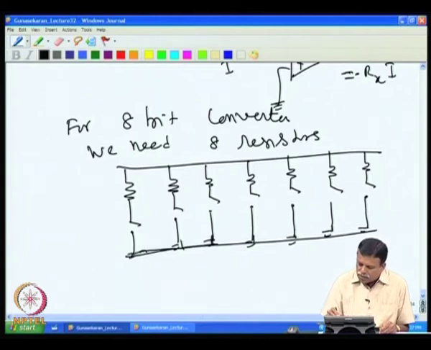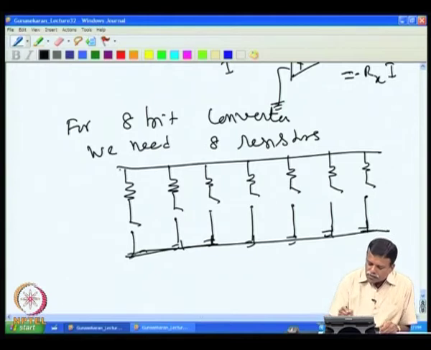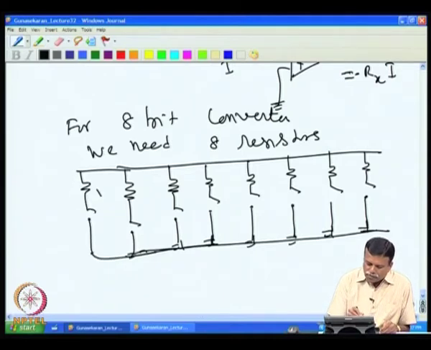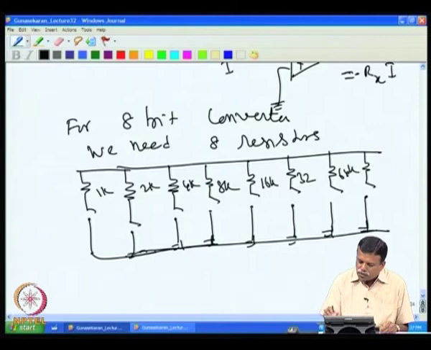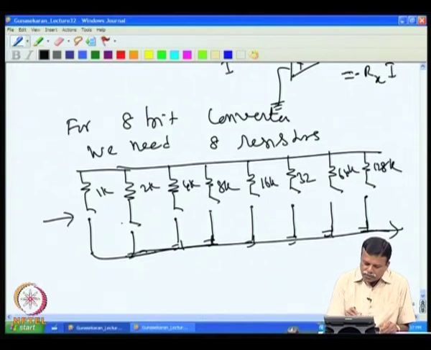So, we will have, for example, 1 k, 2 k, 4 k, 8 k, 16 k, 32 k, 64 k, 128 k, and then this is the output current, with a digital word switching each one separately.